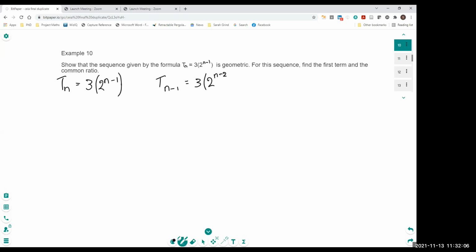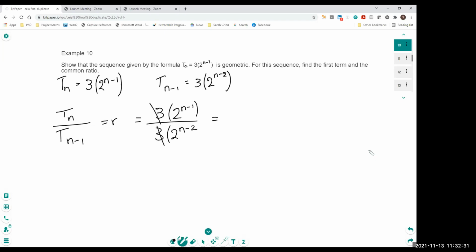So we have t of n over t of n minus 1, which should generate a common ratio, equal to 3 times 2 to the power of n minus 1 all over 3 times 2 to the power of n minus 2. The 3s cancel, and we're left with 2 to the power of n minus 1 divided by 2 to the power of n minus 2. What do we do? Go back to your indices.